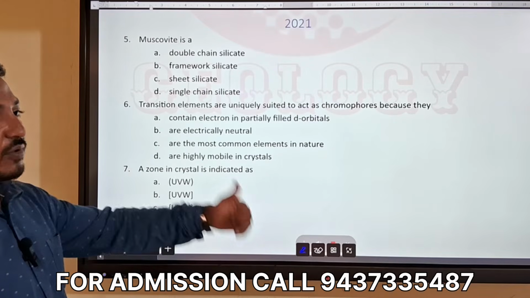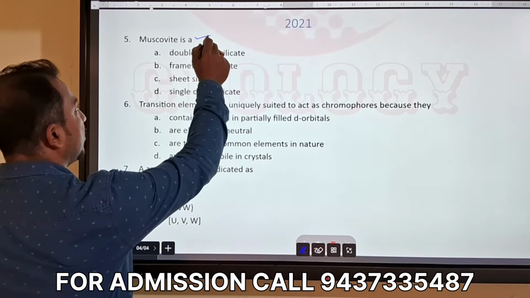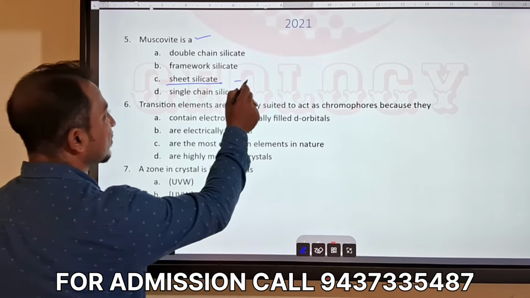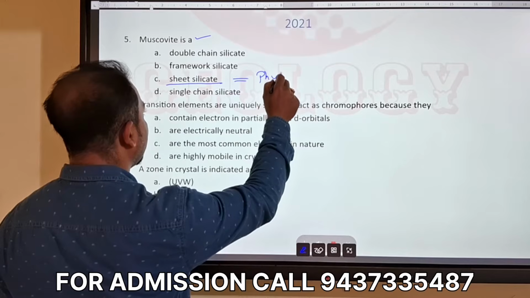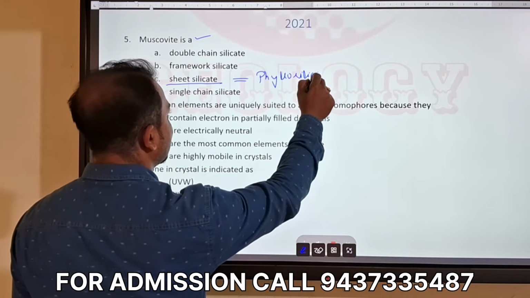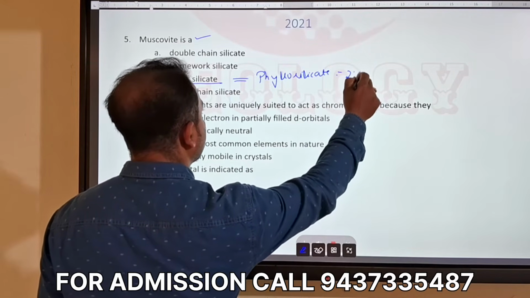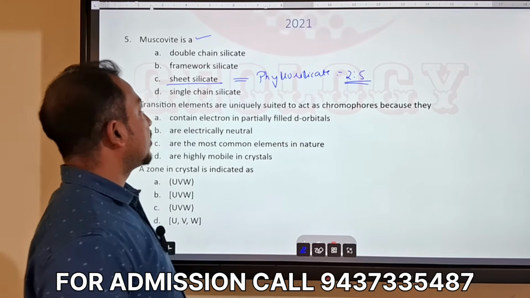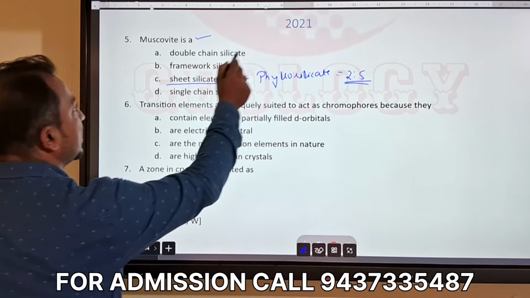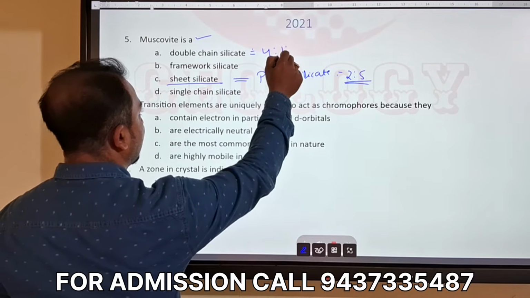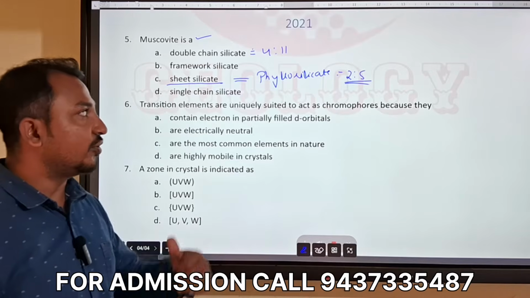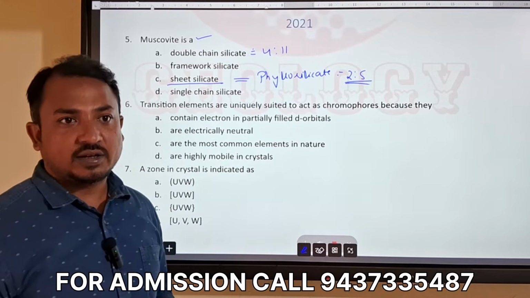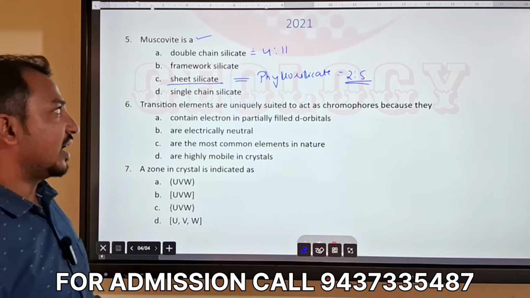Then comes muscovite. Muscovite belongs to the mica group. So mica is a sheet silicate, or you can say phyllosilicate, which has a silicon oxygen ratio of 2:5, where each tetrahedron shares 3 of its oxygens. You have double chain, which has a ratio 4:11, where 2 or 3 of the oxygens are shared.